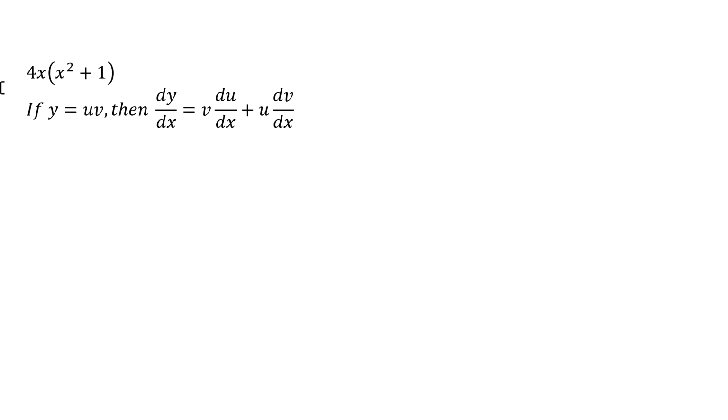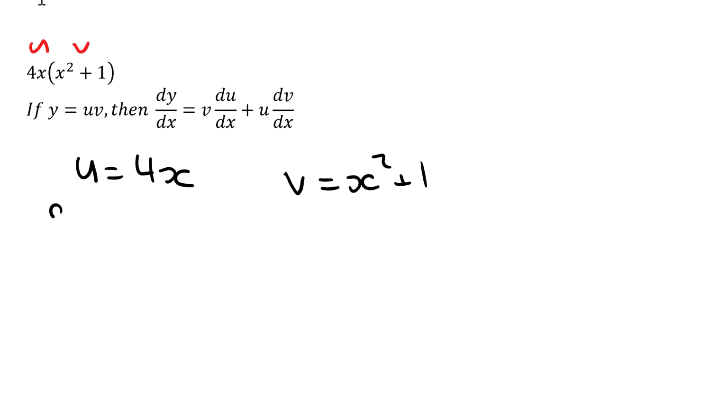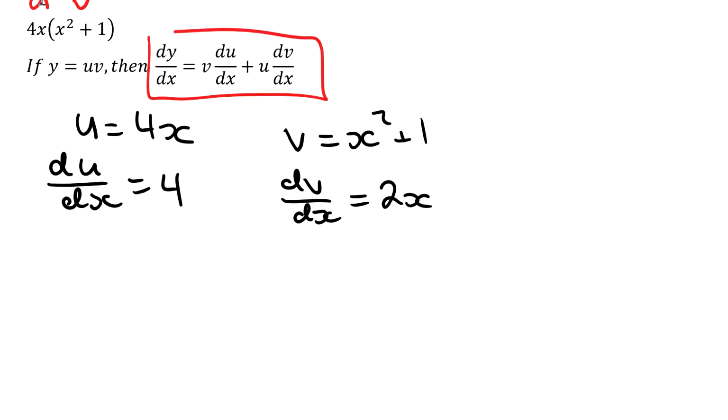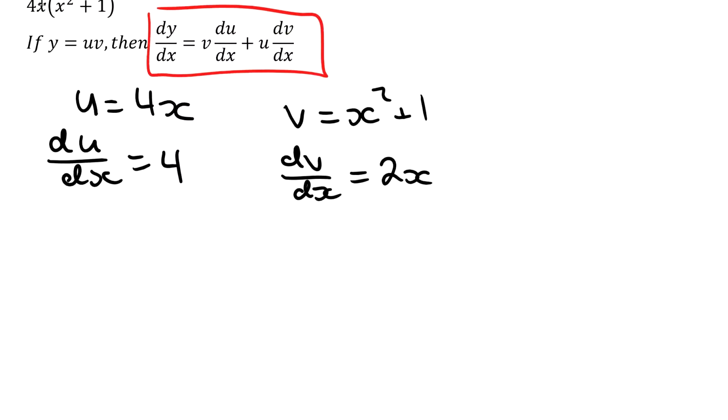Next, we have a product rule where u is our front and v is our bracketed area inside. So u equals 4x, v equals x squared plus 1, du/dx equals 4, dv/dx equals 2x, and then we can use our formula here to find the differentiated equation.